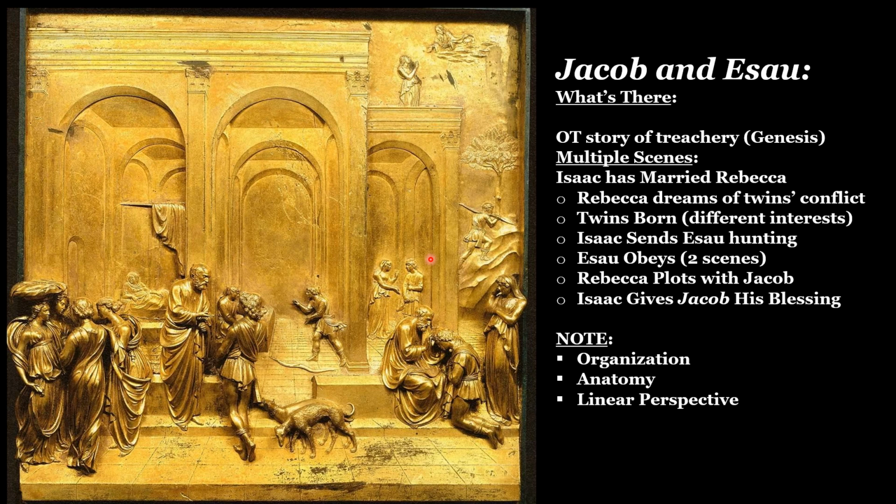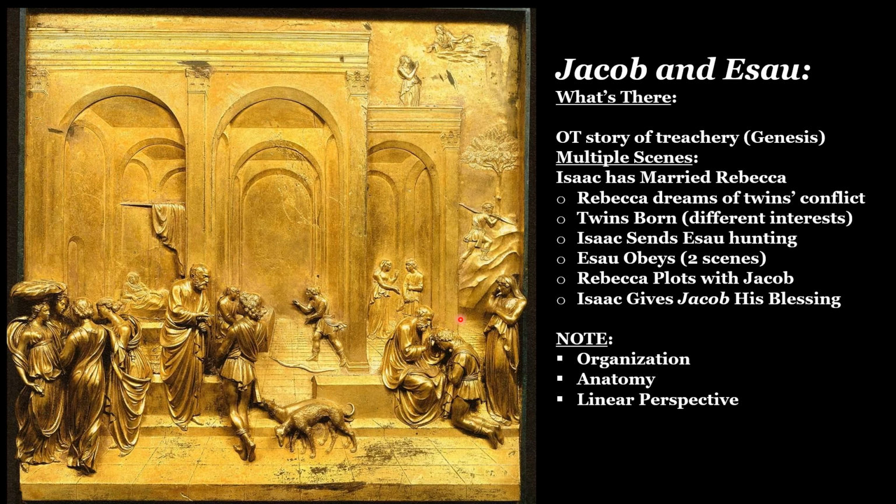And so that would have gone to Esau, but she's helping to plot some trickery. And so Rebekah plots with Jacob, and then in the last scene, while Rebekah watches, the birthright is given to the wrong person. And so all of these different scenes working together.